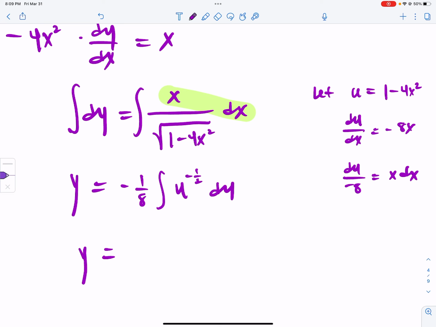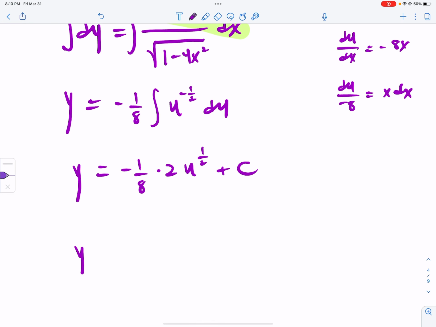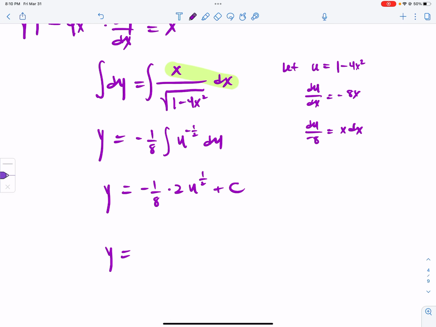And then negative 1/8 is there. That'll end up being 1 over negative 1/2 plus 1, which will actually end up being 2. So 2u to the positive 1/2 plus c. And then just finishing substitution, so substituting 1 minus 4x squared back in for u.